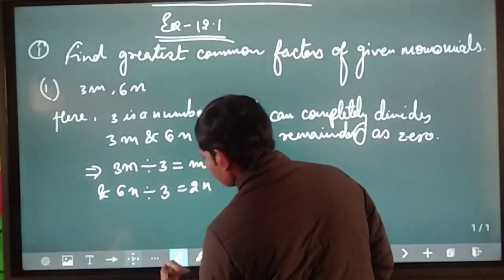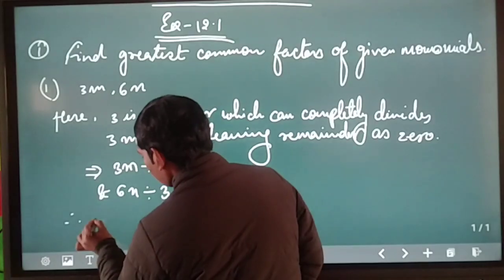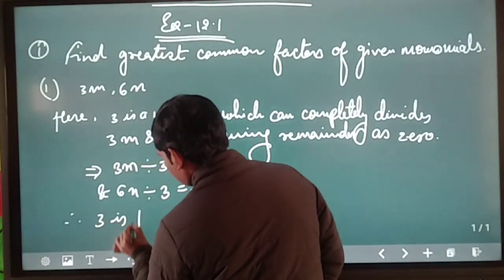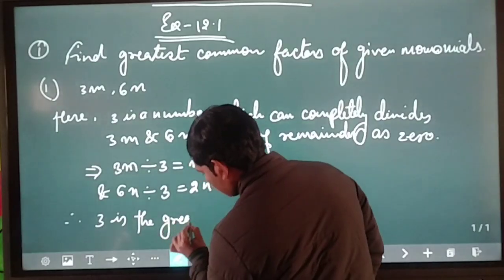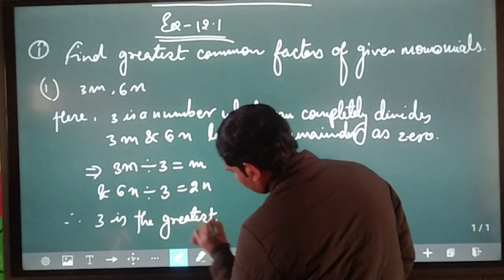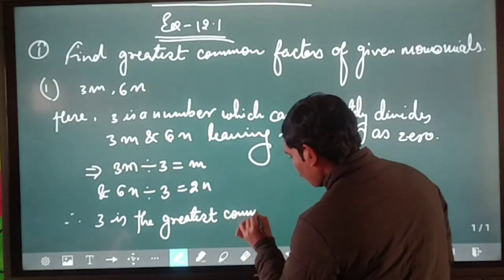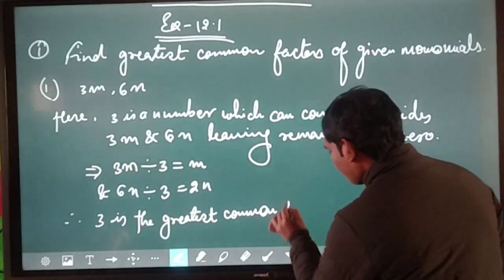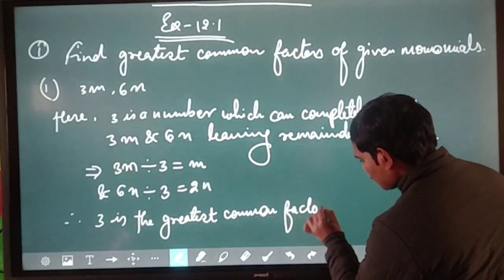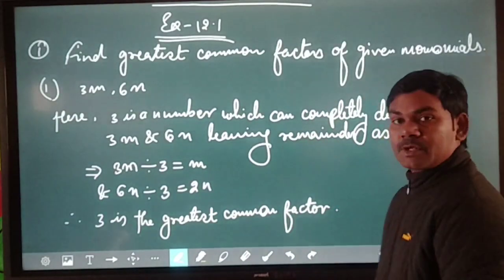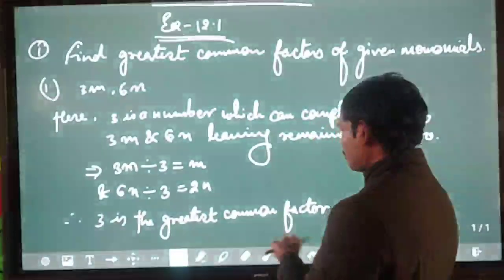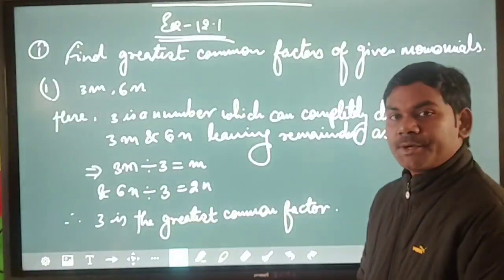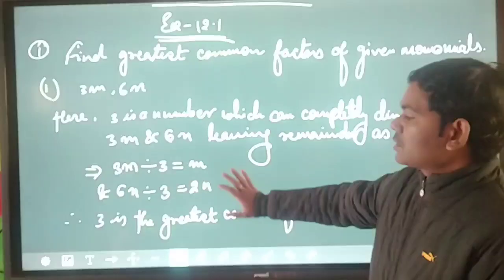Therefore 3 is the greatest common factor. I hope the solution is clear. In this way we can find the greatest common factor of the given terms.